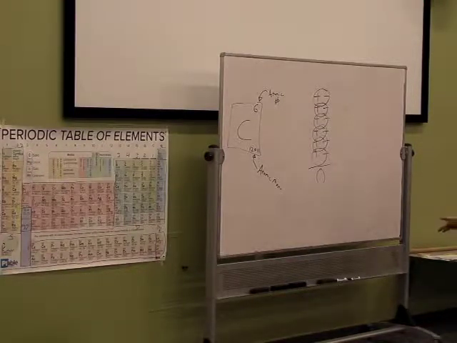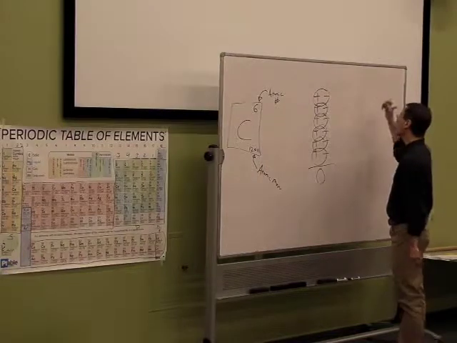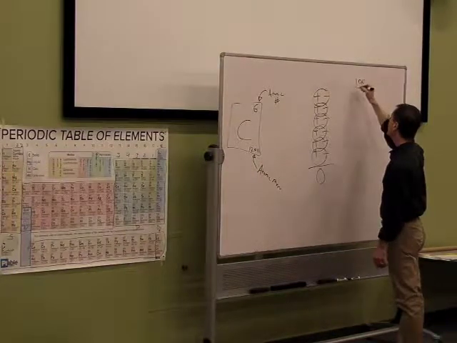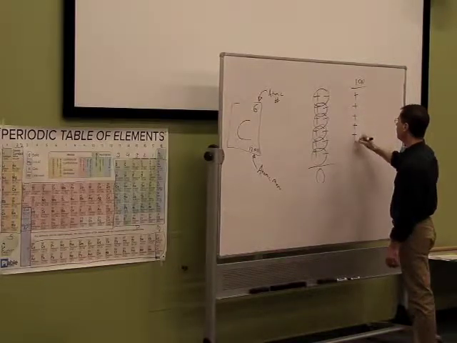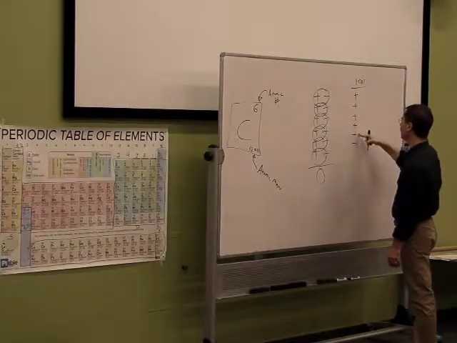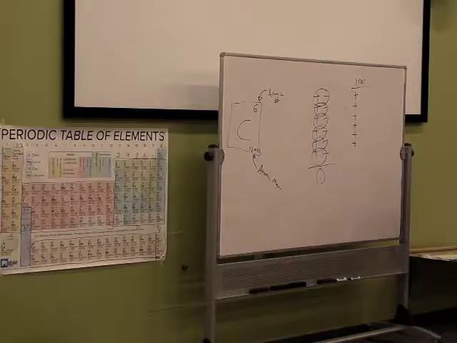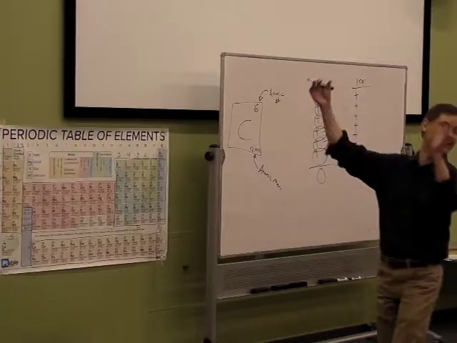But let's get to ions, shall we? Let's say I've got a situation where I've still got 6 protons. Will I ever have an atom of carbon that has more or less than 6 protons? No, I will never, never, never.